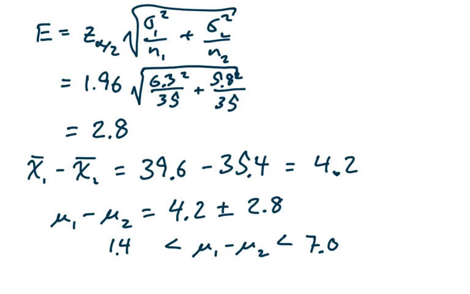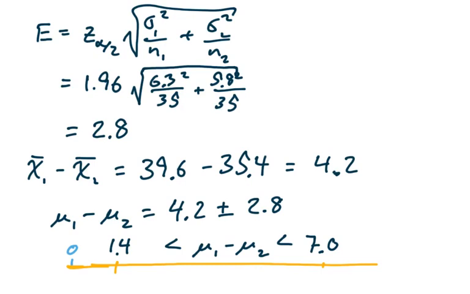So that means that this difference is always positive. This confidence interval does not contain 0. This is 1.4, this is 7, and 0 would be over here, not even on the scale. So the difference is always positive. Therefore, the younger group's leisure time hours is always greater than the older group's.